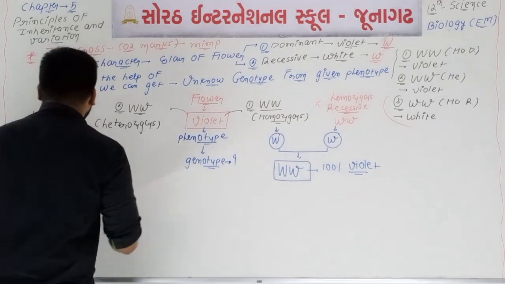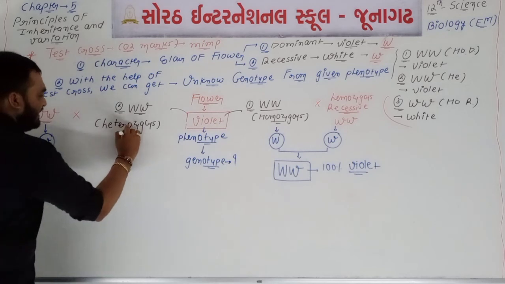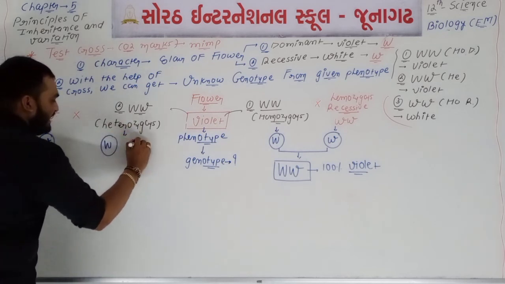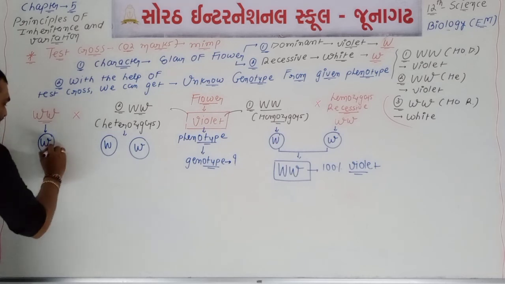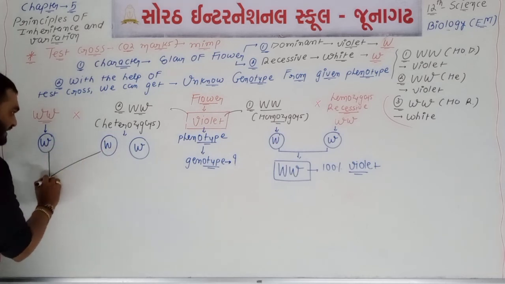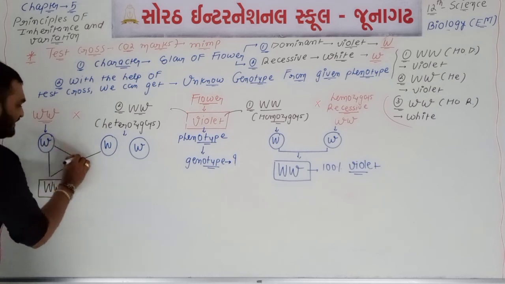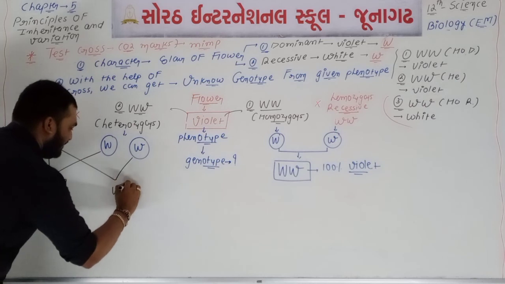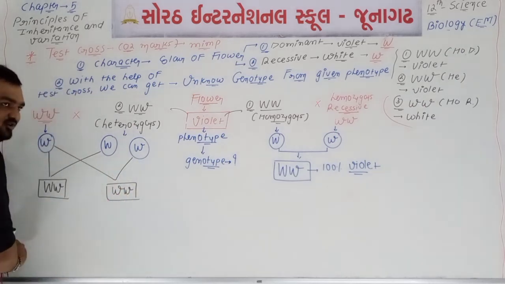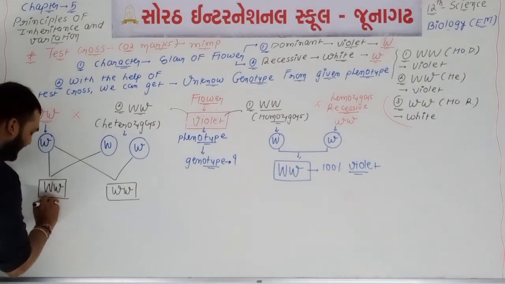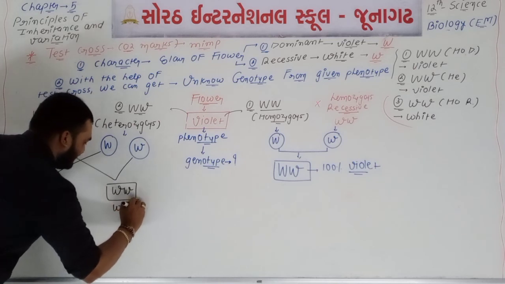Now we produce the gametes. The gamete will be small w, and here again the gametes are capital W and small w. If we do the cross, the first one is capital W, small w, and the second one is small w, small w. These both are genotypes. What about phenotype? This plant is violet, and this plant has a white colored flower.